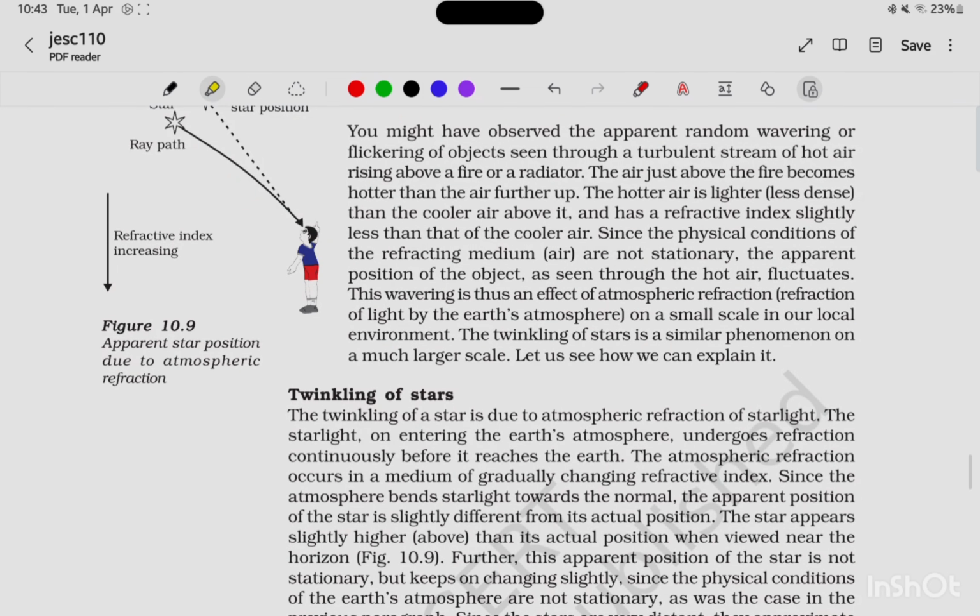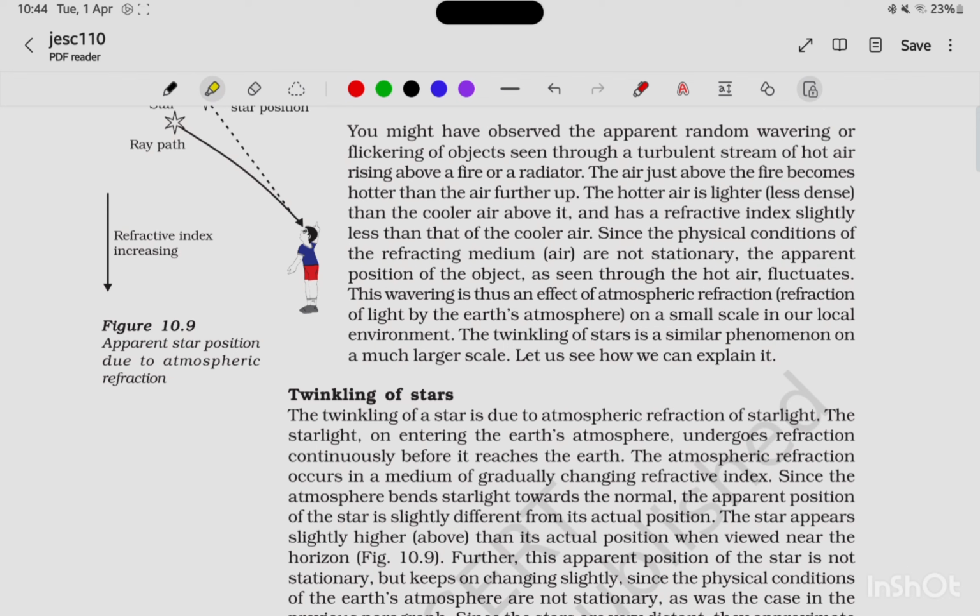The air just above the fire becomes hotter than the air further up. The hotter air is lighter than the cooler air above. It has a refractive index slightly less than the cooler air. Since the physical condition of the refracting medium is not stationary, the apparent position of the objects as seen through the hot air fluctuates.